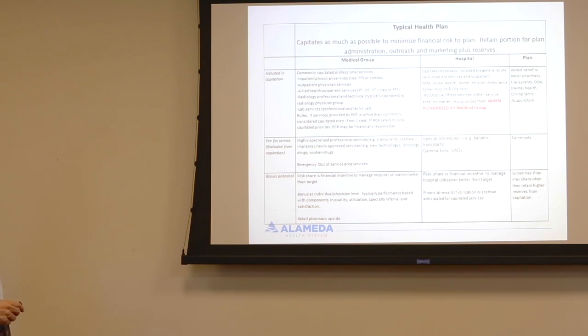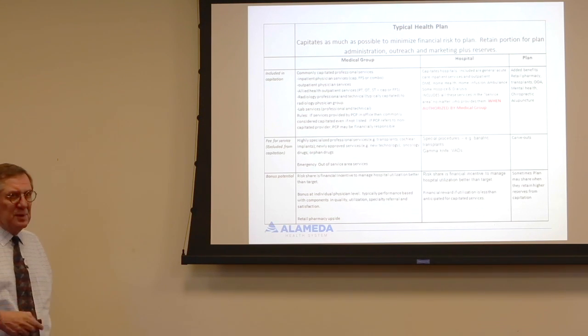But for example, a medical group typically has inpatient physician services, outpatient, allied health, PT, OT, speech, radiology professional, technical, lab, okay? Then there are some things they might get paid fee for service for, not capped, like transplants.